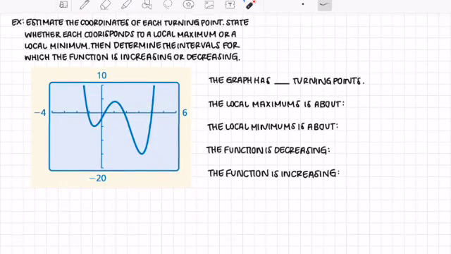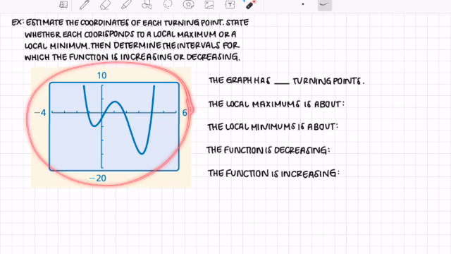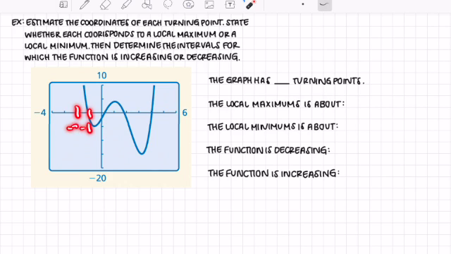We are going to be estimating coordinates and identifying and analyzing the polynomial functions that are provided to us. So let's look at this graph right here. If you notice, we have the points here: -1, -2, -3, -4.